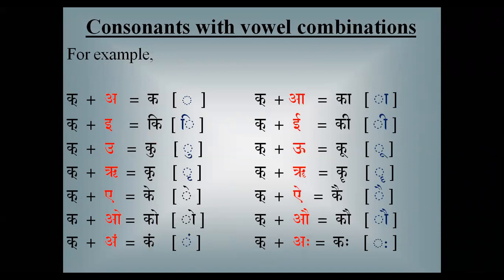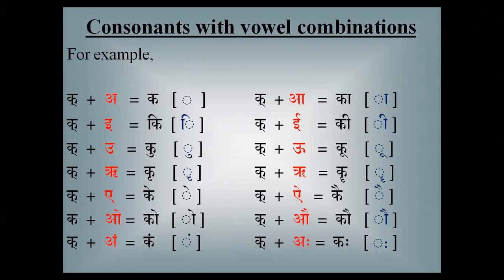This is when the vowel a is added to the consonant. When you add the long a to the consonant, the first thing that happens is the nether stroke vanishes, and the vowel sign of the vowel a is nothing but a vertical stroke to the right of the consonant. It becomes kaa. So you can note down the symbol as well as the sound.